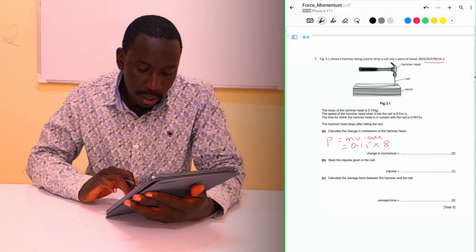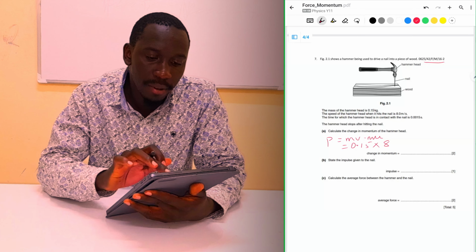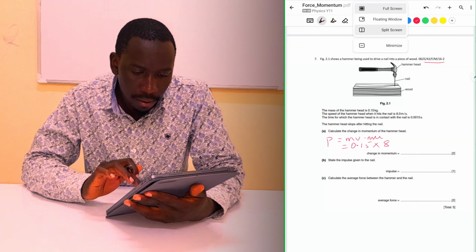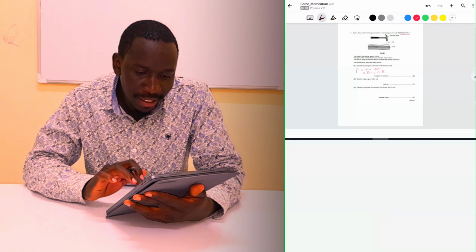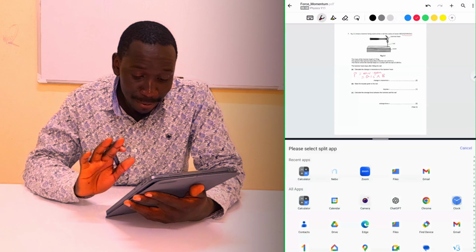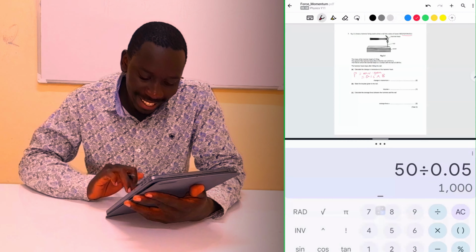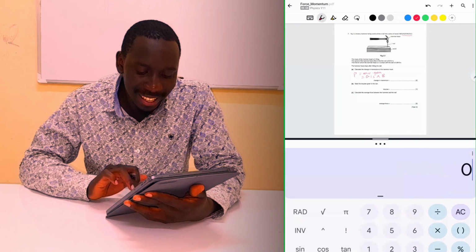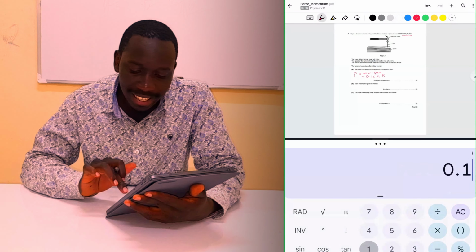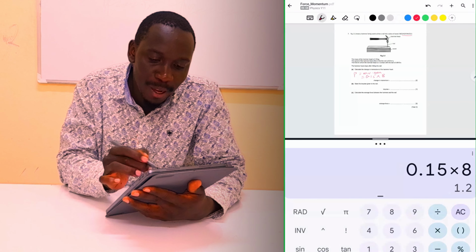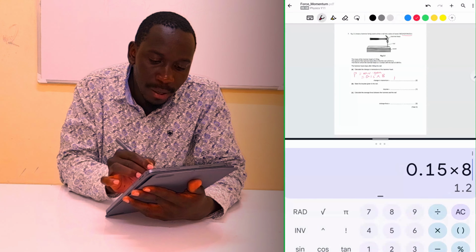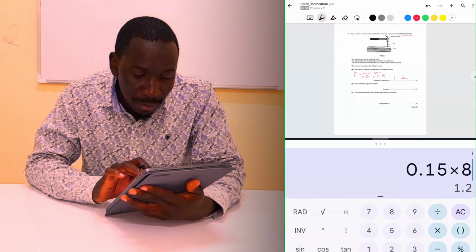So 0.15 times 8, we consult our calculator here. So 0.15 times 8 will give us 1.2.